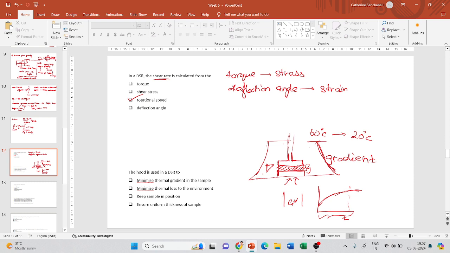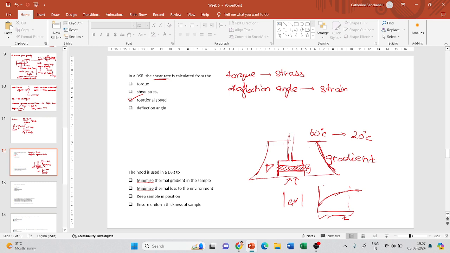Mostly you will be operating the rheometer in an air conditioned environment, and let us say you're testing it at 60 degrees Celsius. Obviously there will be an exchange of temperature with the surroundings. So that should not happen, right?